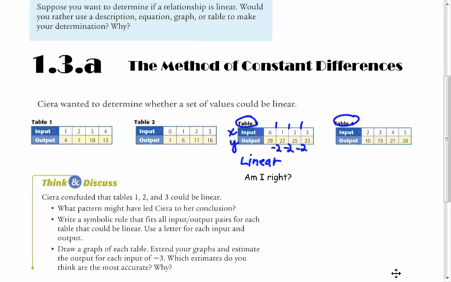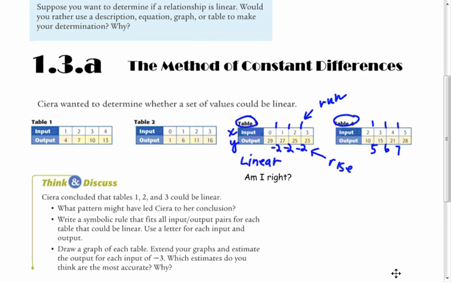And then in the second table here, my input is going up by 1 each time again. My output is going up by 5, then 6, then 7, and I get that by subtracting any two values. Also remember that the difference in the x values, those are our runs, and the difference in our y values, that's our rise.